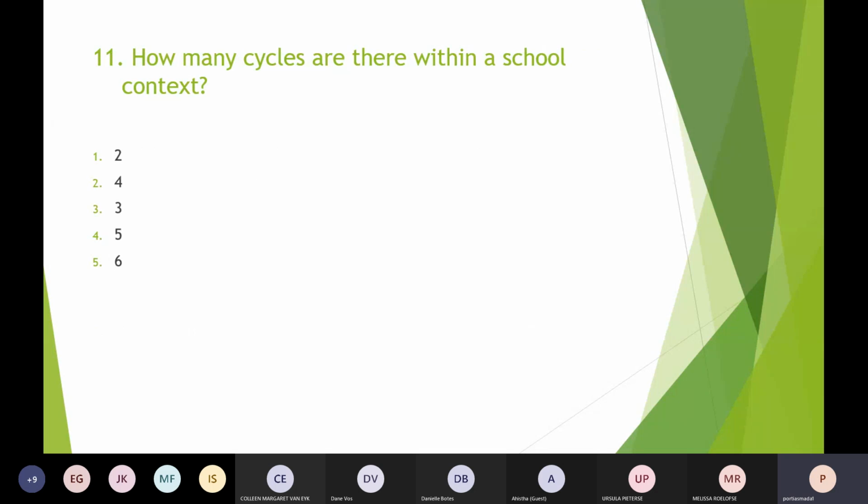All right. So how many cycles are there within a school context? Remember, we look at different types of curriculums. So how many cycles are there within a school context? 2.